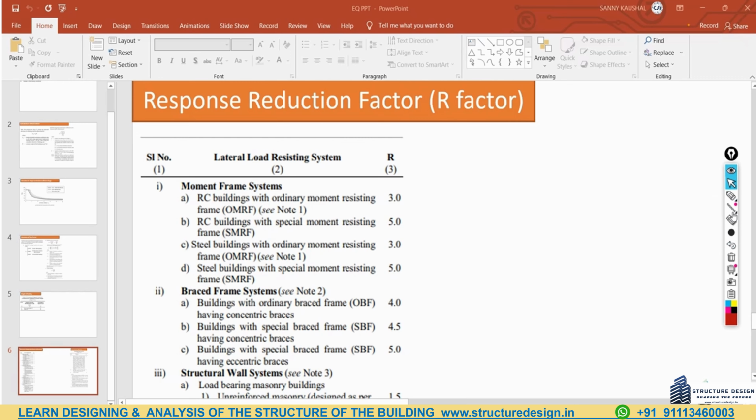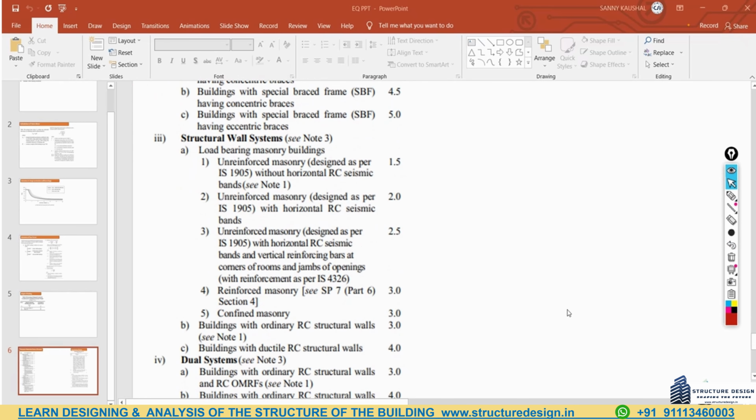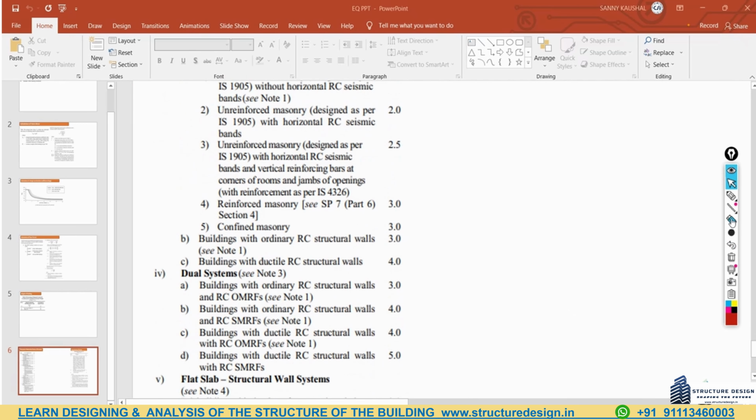If you look at a few more lateral resisting systems, like a dual system, where there will be a shear wall and also a column, in that case, if you see here the building with ordinary RCC wall and RC OMRF, that is an ordinary moment resisting frame and ordinary RCC structural walls, the R factor is 3 only.